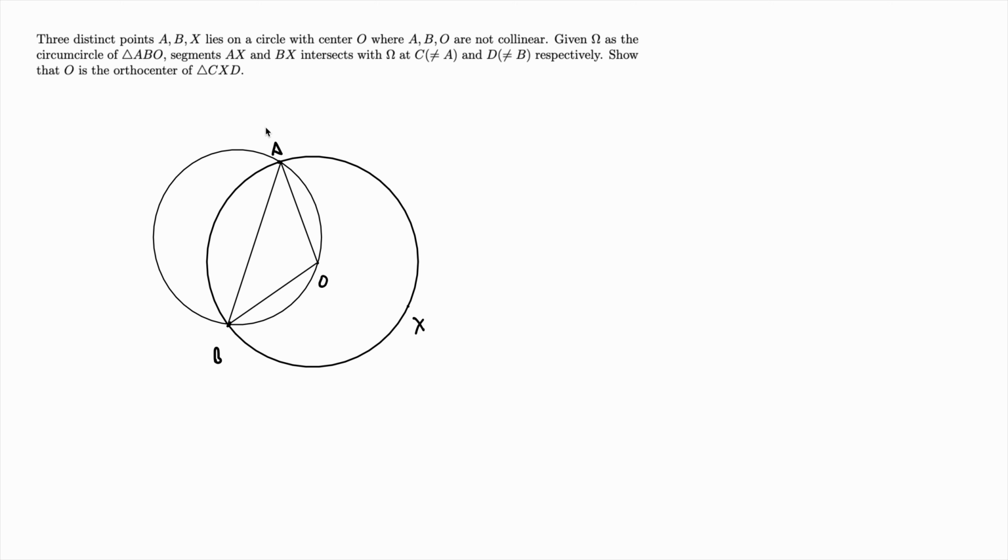This is omega. Lines AX and BX intersect omega again at two points.